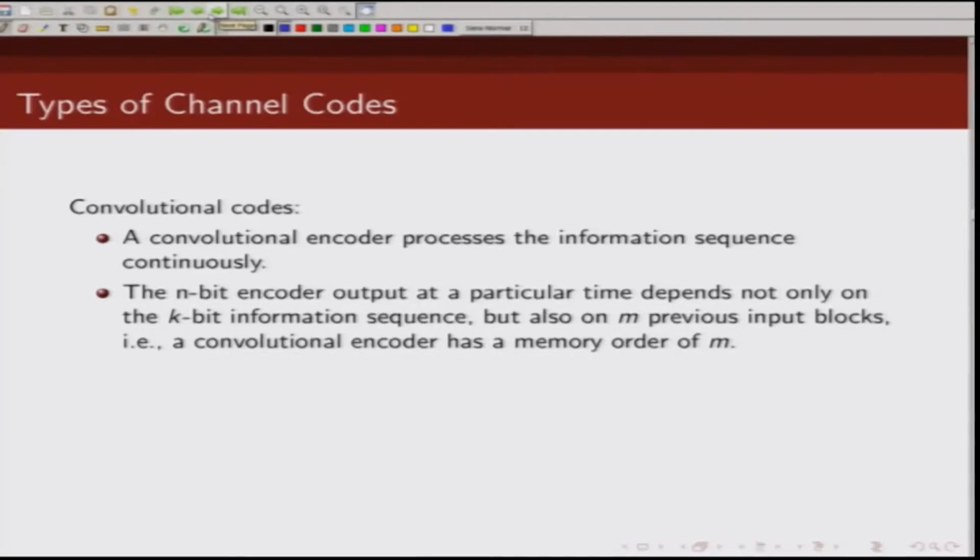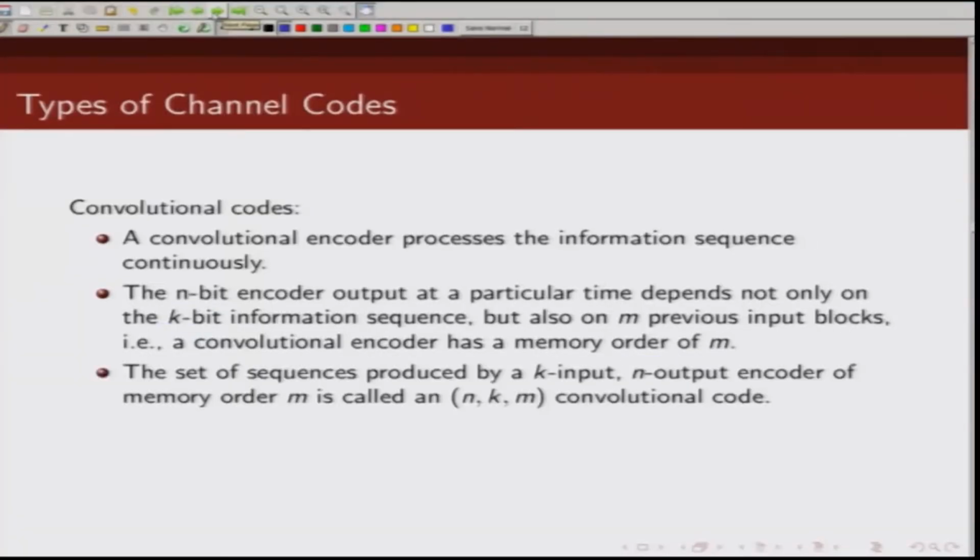So, if we have an (n, k) convolutional code where k is the number of information bits, n is the number of coded bits, we have another parameter which we call memory order, which signifies basically how many past bits, or what is the past information that has been used to generate the current output.